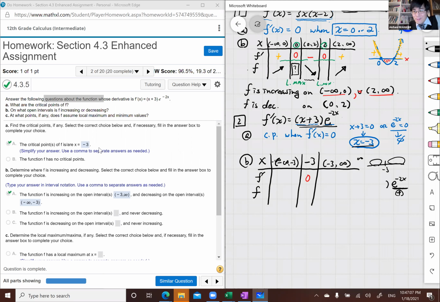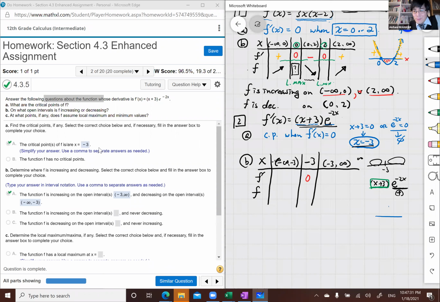That means the plus minus sign of f dash depends on this part only. So f dash is positive if x plus 3 is positive, and f dash is negative if x plus 3 is negative.